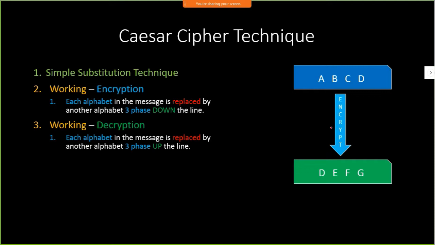D is replaced by A, E is replaced by B, F is replaced by C, and G is replaced by D. That is simple.